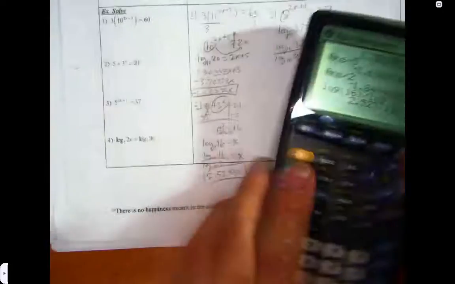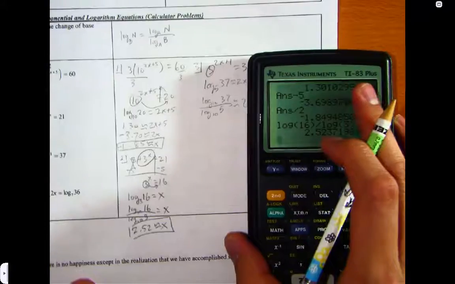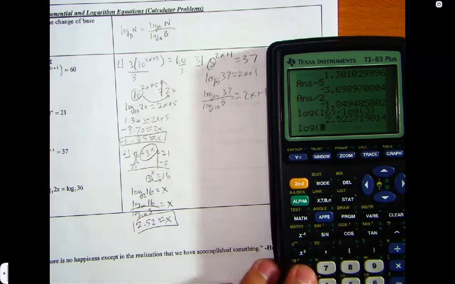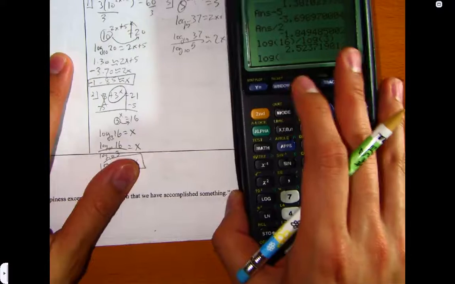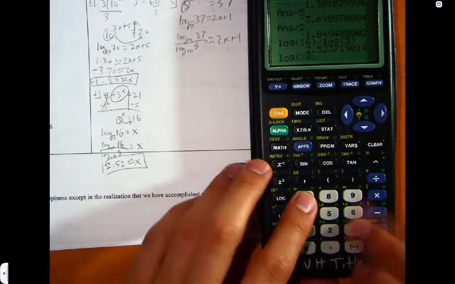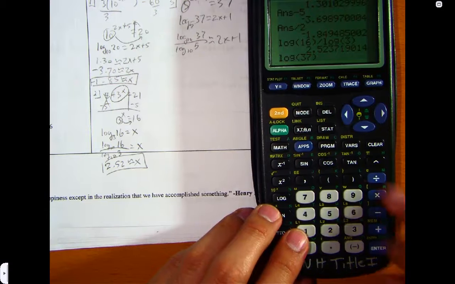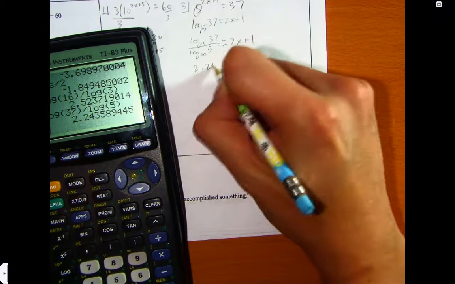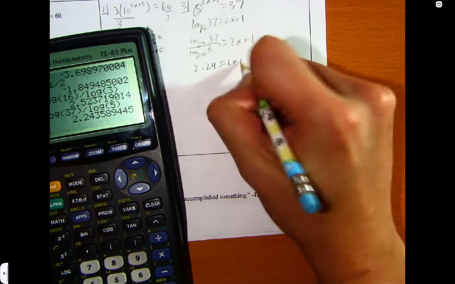So I'm going to use my calculator and hit log 37 divided by log 5. That's what I get for that number. 2.24 approximately equal to 2x plus 1.